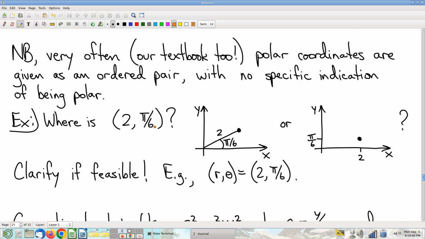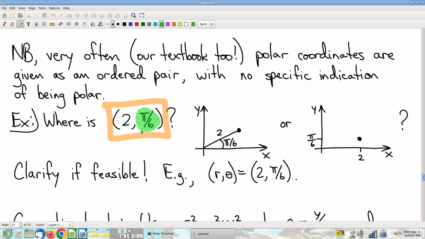Please do be careful about ambiguities with notation. There's various versions of this, but for example, if someone describes a point as 2 comma pi over 6, there's a temptation to look at this and say, oh yeah, that looks like an angle. Because pi over 6, I mean, how often have you seen pi over 6 as a linear distance? Right? But it sure does look like an angle, doesn't it?